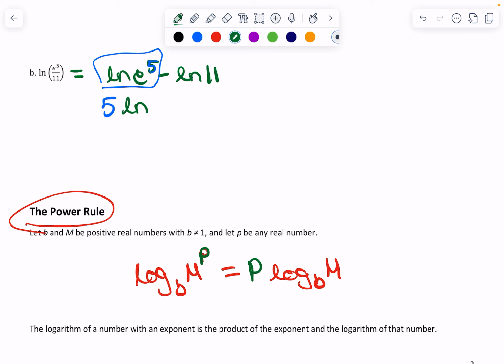And then we have a natural log of the natural base minus natural log of 11. Well, now natural log of the natural base is 1. So we have 5 times 1 minus natural log of 11. So we end up with 5 minus natural log of 11.